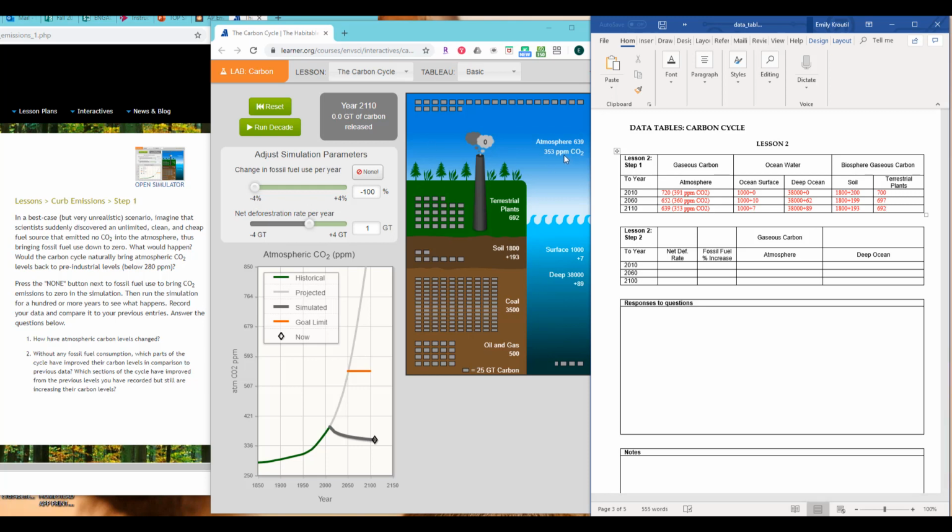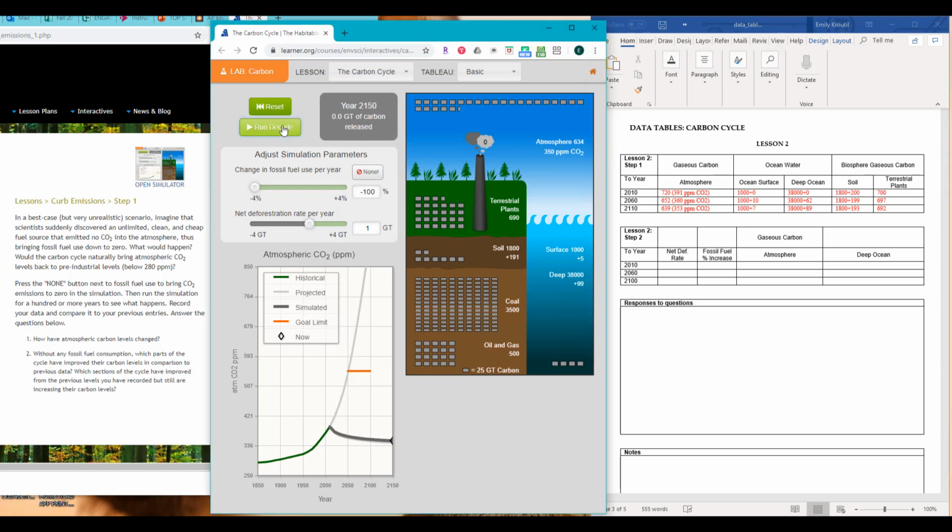Okay, now we're not back at 280, right? Well, let's keep going. Let's see if we can get down to 280. Do you see how it kind of levels out at 347? So even if tomorrow we stopped using fossil fuels, we wouldn't be able to get back down to 280. It's just not possible because we've got CO2 all the time.